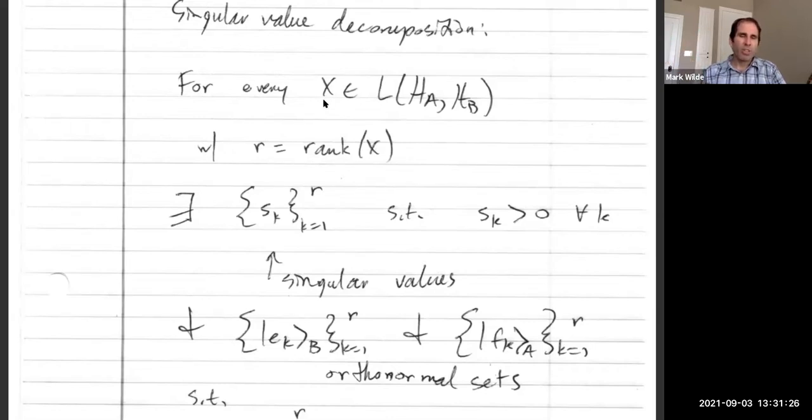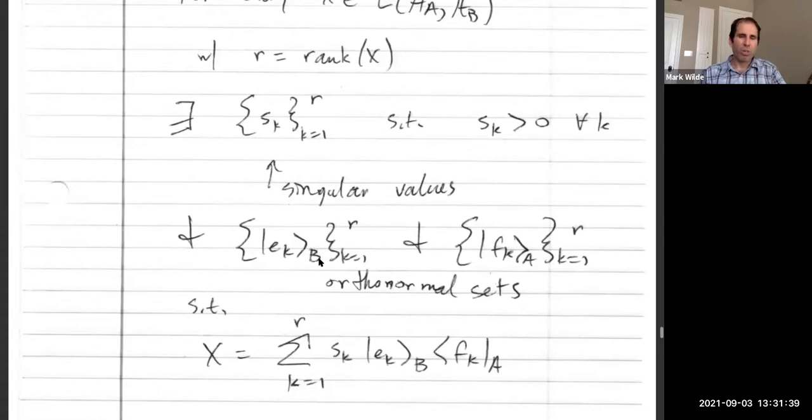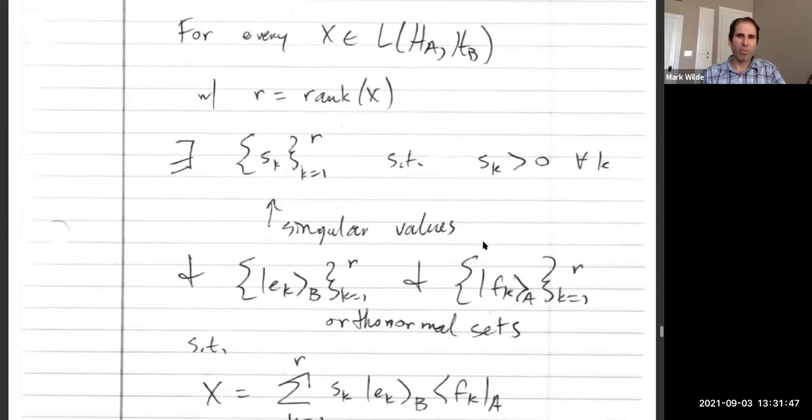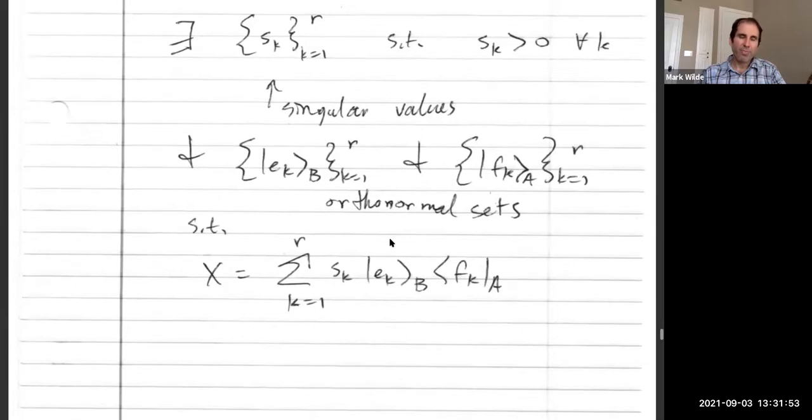So for every operator X, there exists a set of singular values. This is a set of real numbers that are strictly positive, and there are corresponding orthonormal sets. So there's an orthonormal set for the output space, there's an orthonormal set for the input space. The number that you need is no larger than the rank, okay?